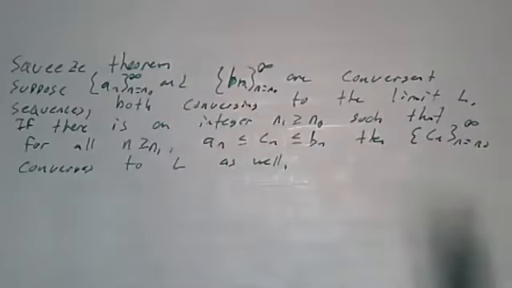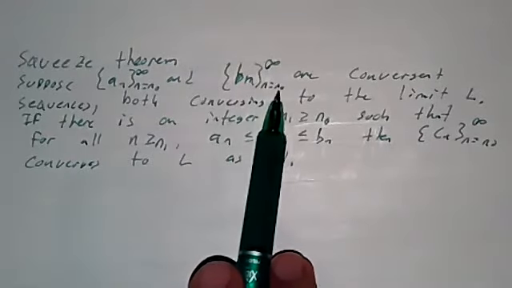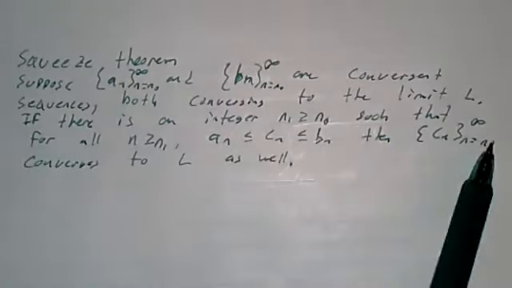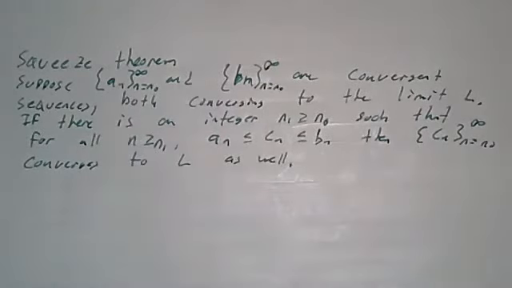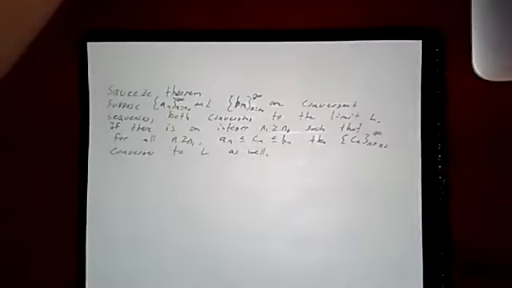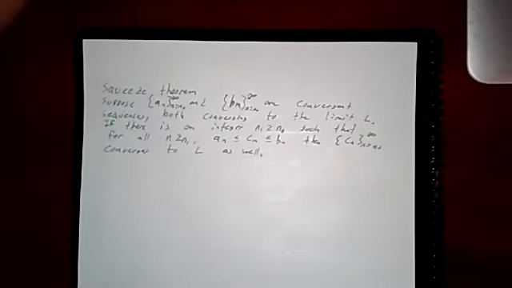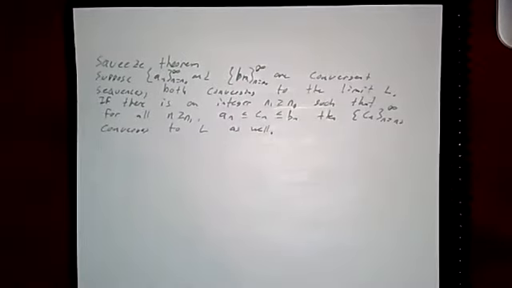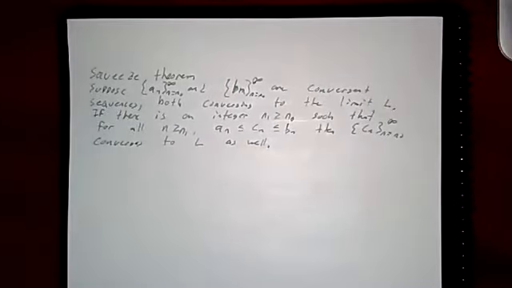Basically I'm saying the sequence starts at some initial number and goes to infinity. Okay, I got you now. Sorry about that. That's okay. I think I was writing too small anyway.